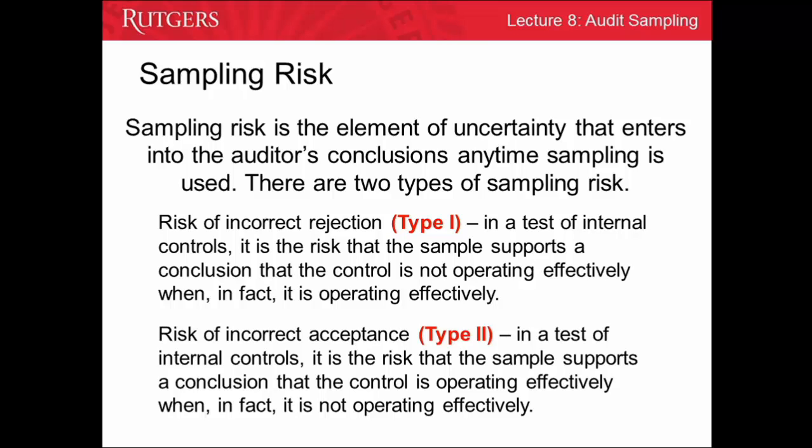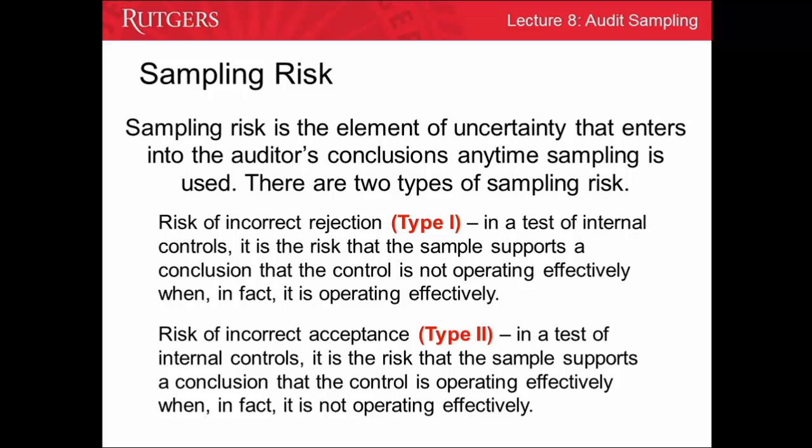The risk of incorrect acceptance, also the type 2 decision error, relates to the effectiveness of the audit. This type of decision error can result in the auditor failing to detect a material misstatement in the financial statements. This can lead to litigation against the auditor by parties that rely on the financial statements.